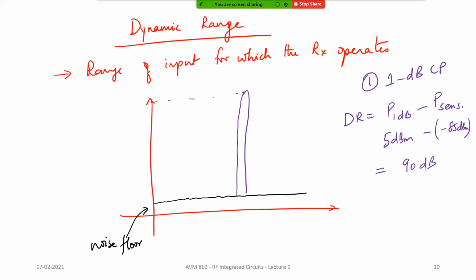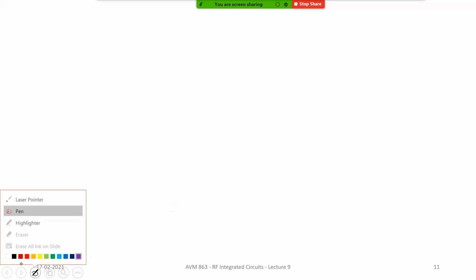But many times people may not look at the 1 dB compression point, because even before it, we know that the intermodulation components start coming up. If you recall what we looked at on intermodulation, the IM components keep growing as the power increases. I'll reproduce that figure here.